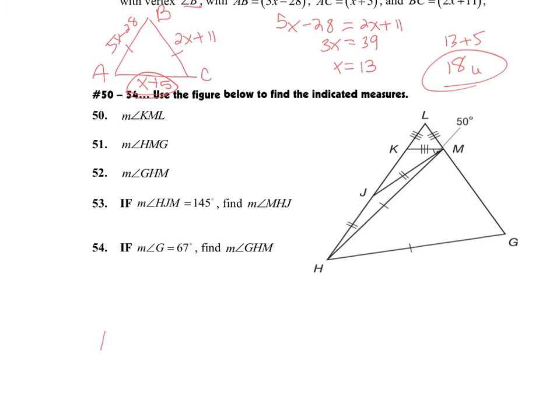All right, so taking a look here, we are asked to find the measure of angle KML first. So if I look at where KML is located, that's right here, and it's part of an equilateral triangle, and so therefore I would know that this measurement in here has to be 60.